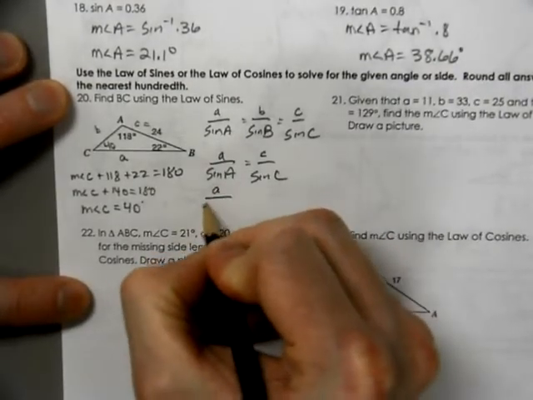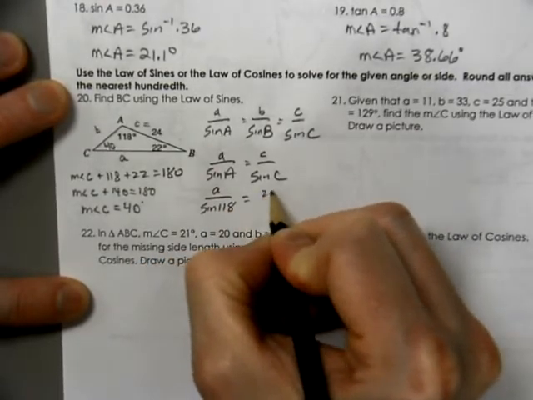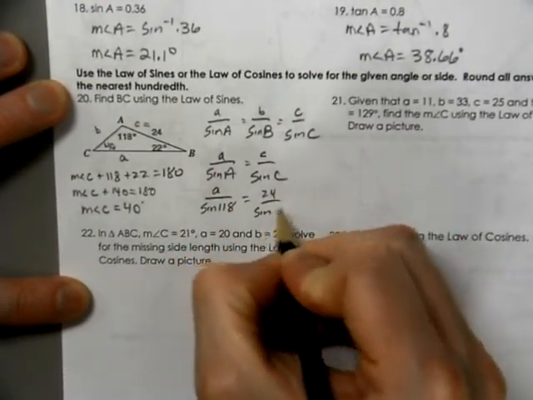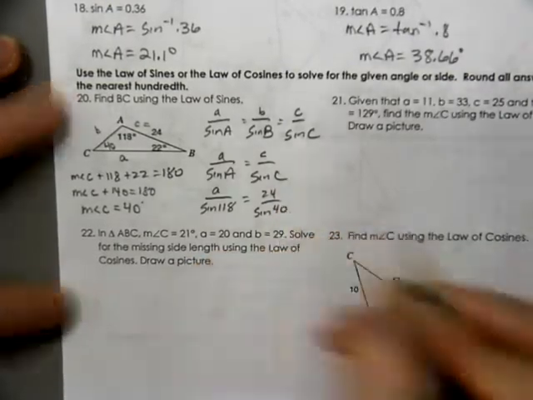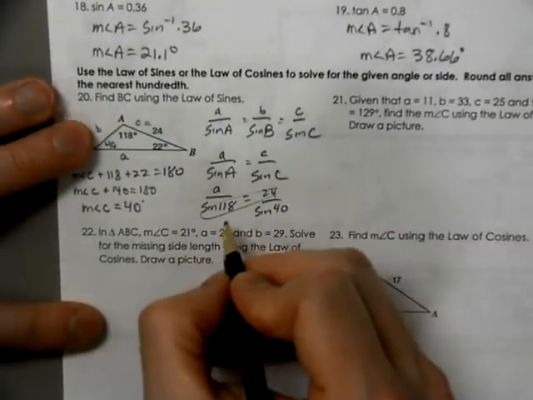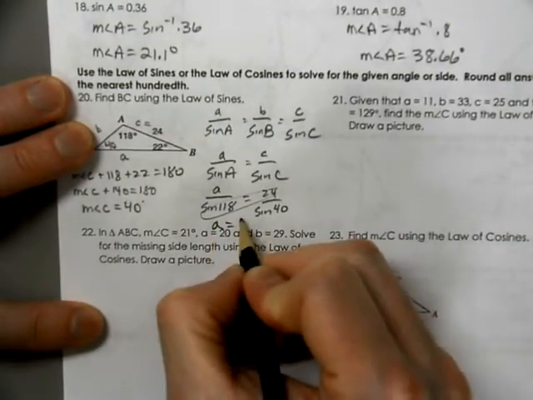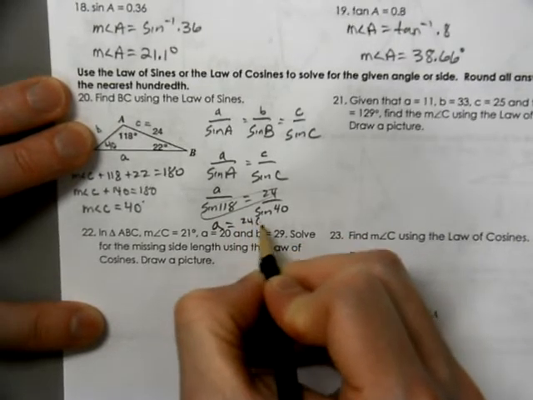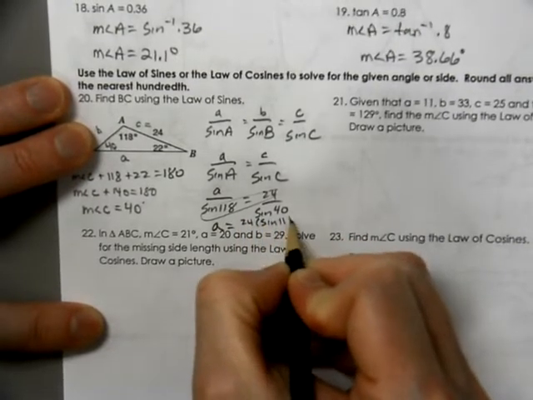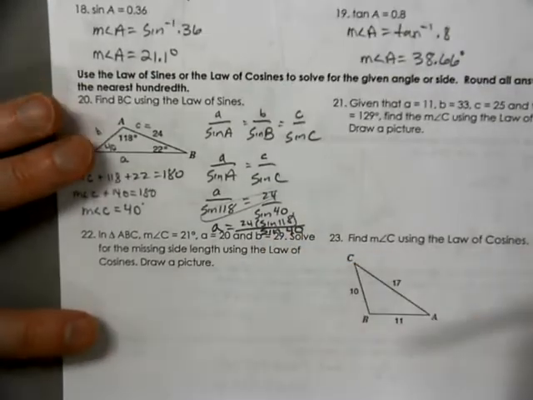A is our unknown, sine of 118, C is 24, sine of 40. So I'm going to cross multiply that one direction, so that my A is going to equal 24 divided by the sine of 118 divided by the sine of 40.